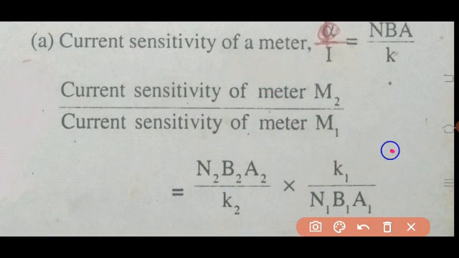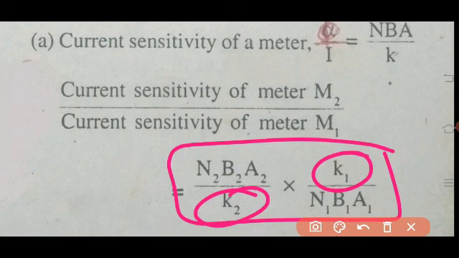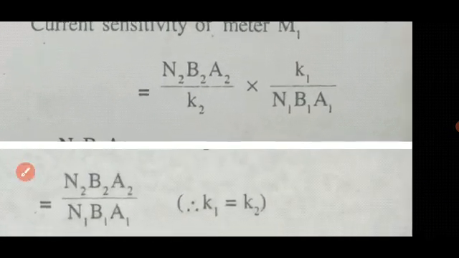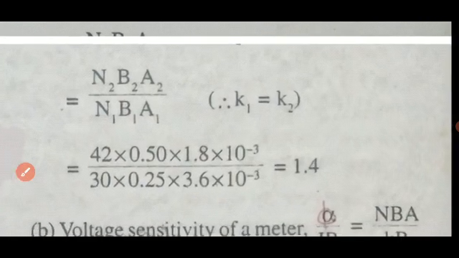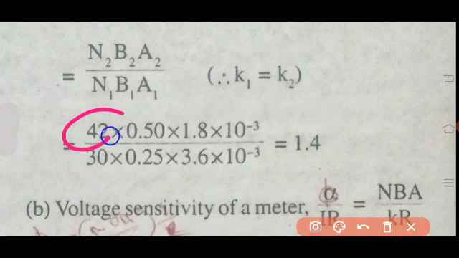Clear? Now, K1 and K2 are both equal, so they cancel each other. Therefore, you will get N2 B2 A2 by N1 B1 A1. If you use this equation, you can solve the problem very easily. Just substitute and solve.